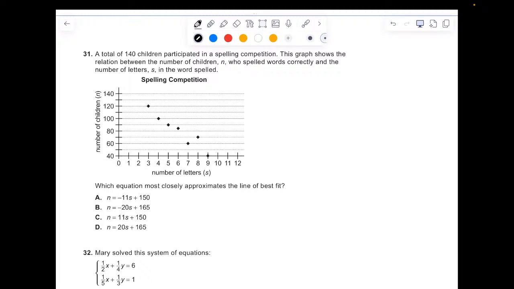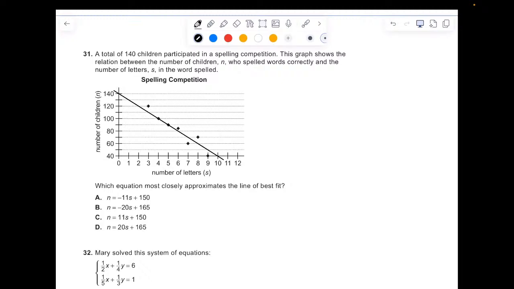A total of 140 children participated in the spelling competition. This graph shows the relationship between the number of children who spelled words correctly and the number of letters in the word spelled. Which equation most approximates the line of best fit? So we just draw a line. I would say that that looks good. Wow, that lines up perfectly.